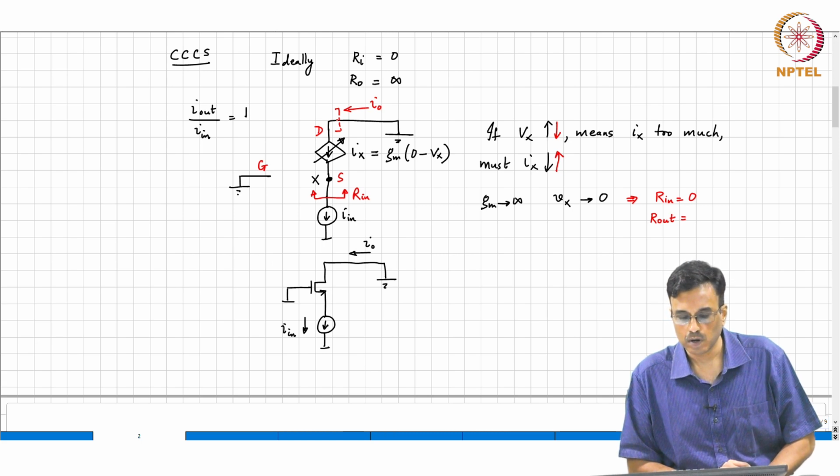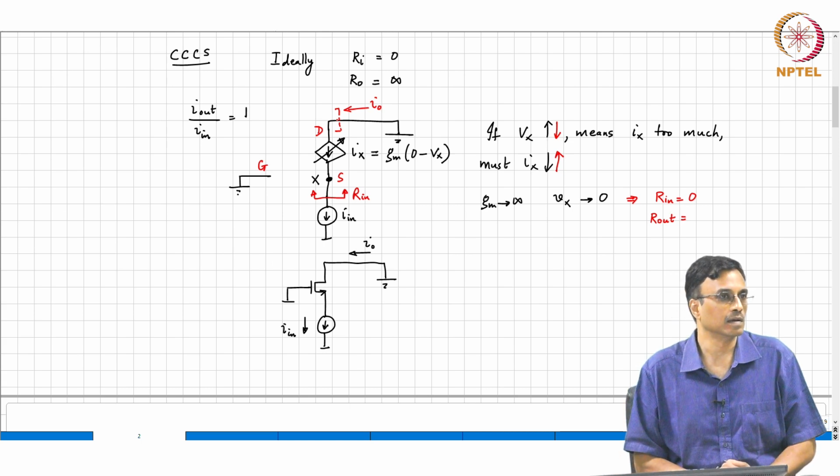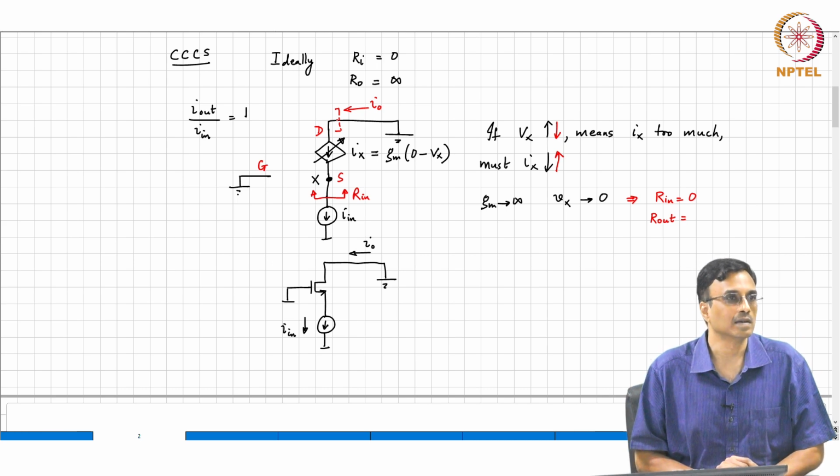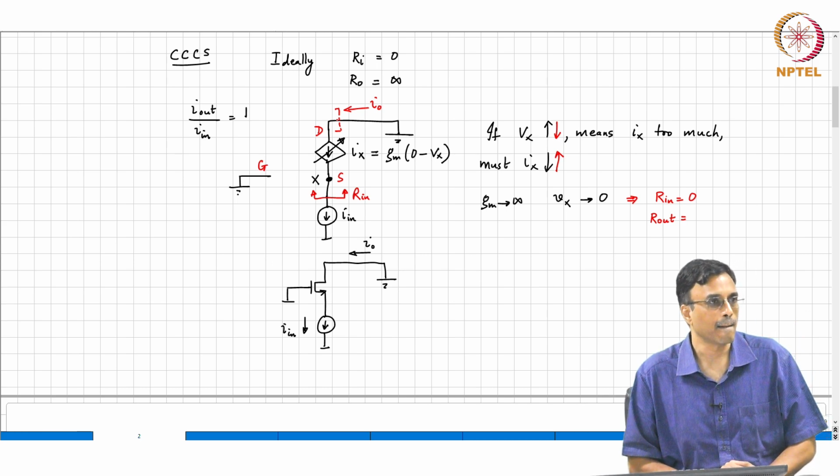We did this before. Yes? Why? No, it is infinite, that is correct, but why? Open circuit where? Okay.